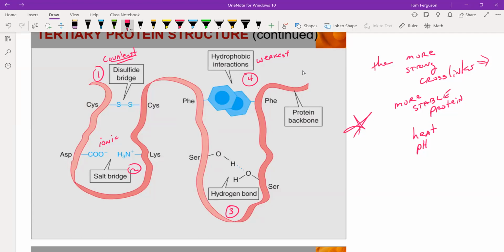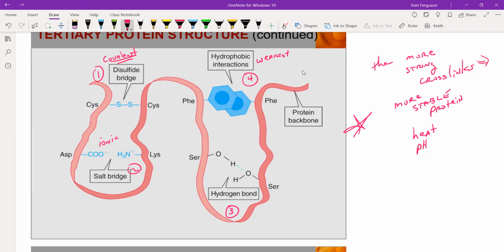So if you have only hydrophobic interactions or crosslinks, you're going to have a very delicate protein. If you have a whole bunch of disulfide crosslinks, you're going to have a pretty rugged protein. Like hair, for example, it's pretty rugged. You do all kinds of stuff with your hair and it springs right back.